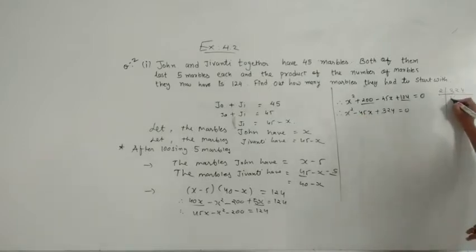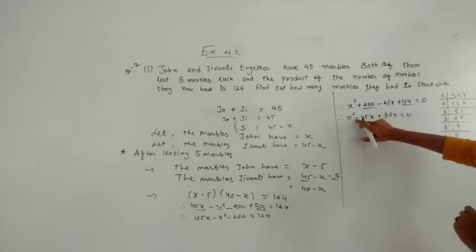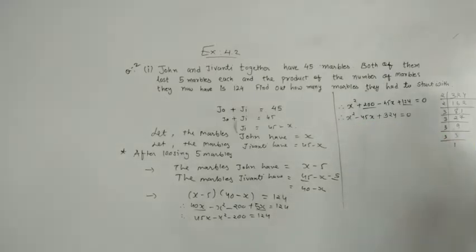So let us make 2 ones are 2, let us make it with 3, now let us make a pair, such that by adding those numbers we should get minus 45. So let us make that pair.